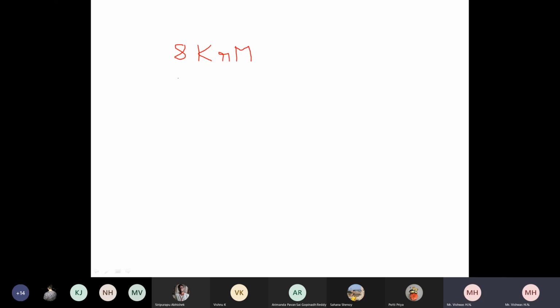What is the radix 64 6-bit value for 8? Can anyone tell me? So the number range is from 52 to 61. If 61 is 9, what will be 8?